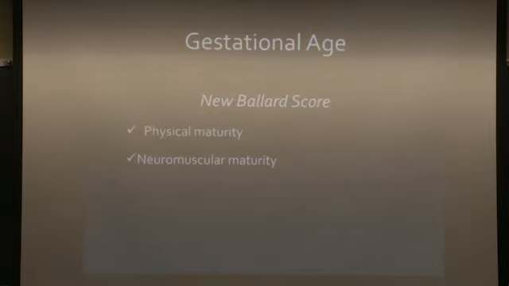Typically, post-mature babies will have cracking and peeling skin with no vernix caseosa or lanugo. Neuromuscular maturity is assessed with different maneuvers that are performed with moving the infant's arms and legs. Flexion and angles are observed and noted, and then scores are given.